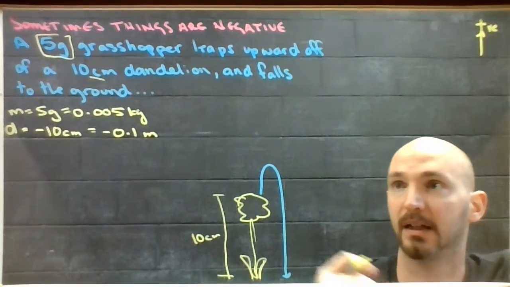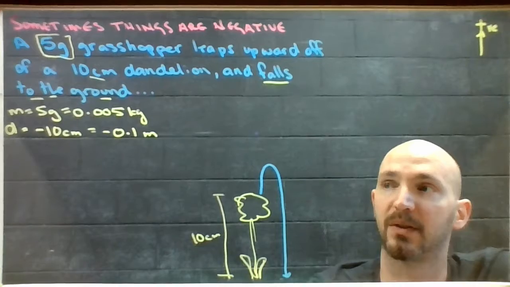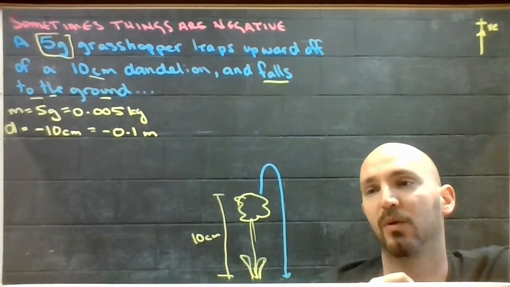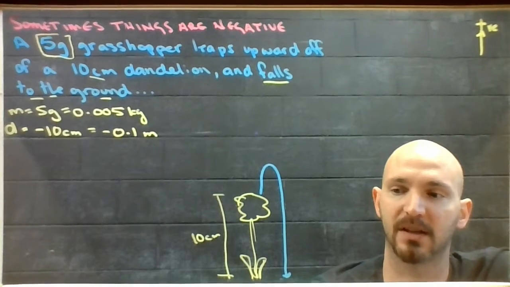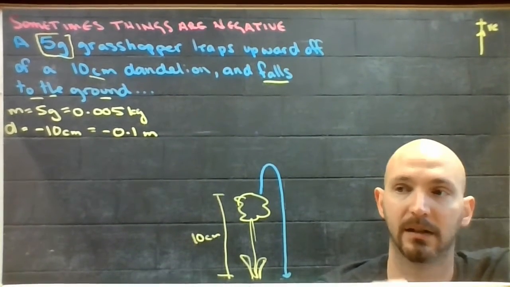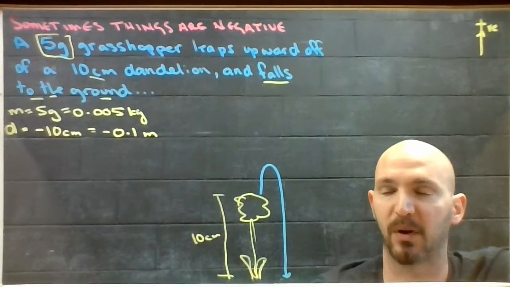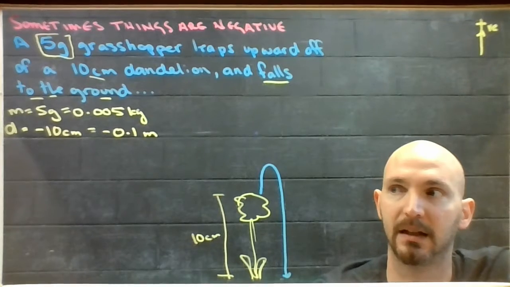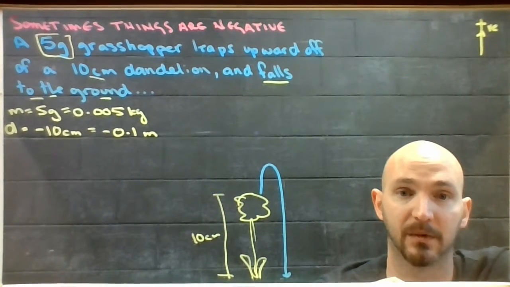Lovely. Now this phrase, falls to the ground. You could make this complicated and throw in some air resistance, etc. But just to keep things easy, anytime something is free falling, it leaps and then it lands somewhere else without spreading its wings or doing anything complicated, you may assume that it's accelerating under Earth's gravity.